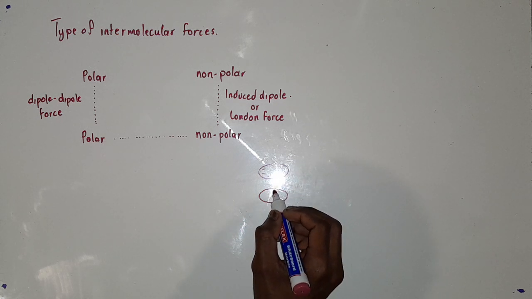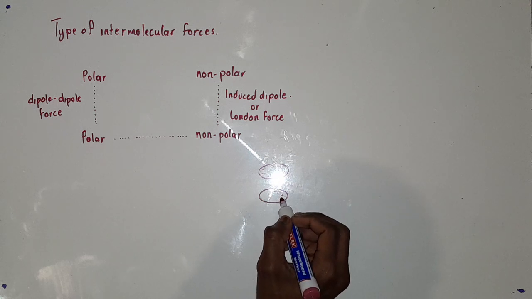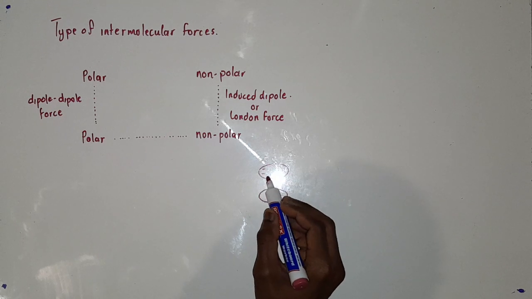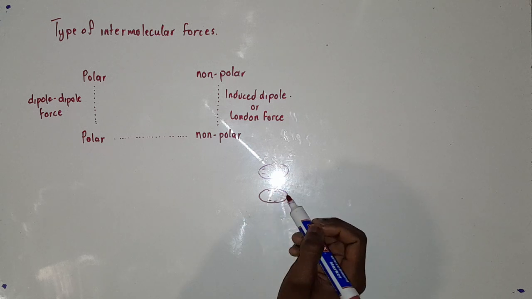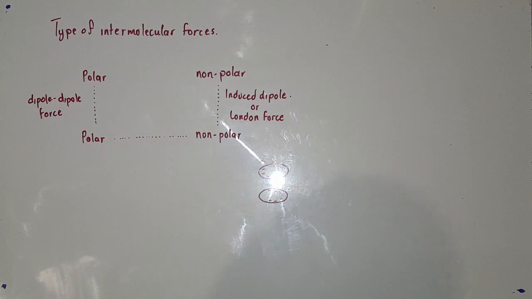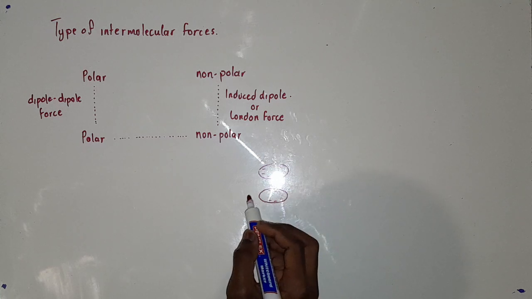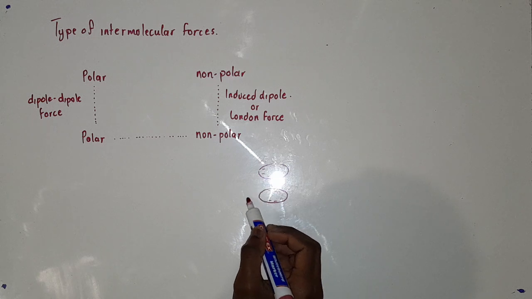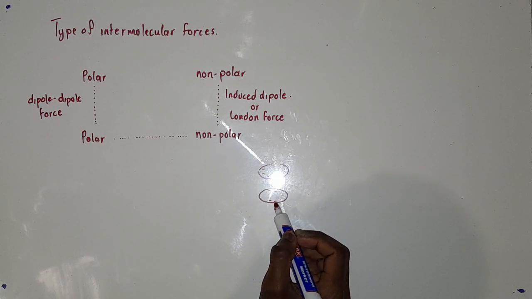You'll find that the electrons will be more on one side, so this side will be slightly positive and this one slightly negative.